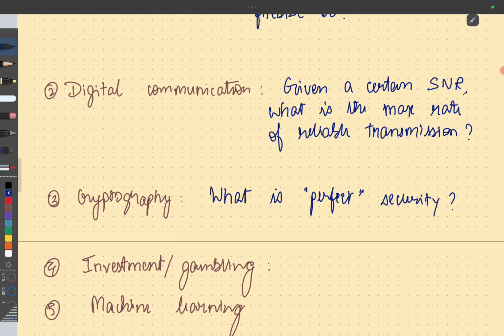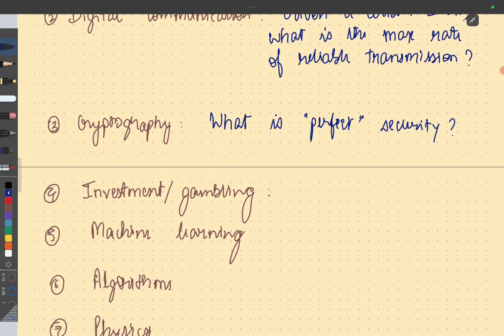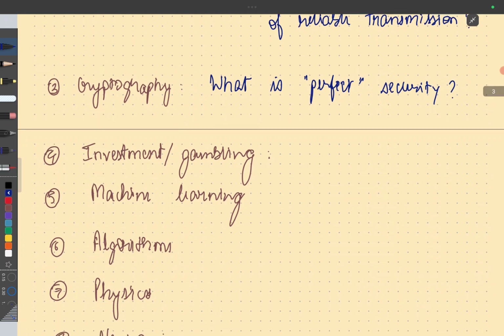And also in the algorithm, you are allowed to introduce some extra randomness when encrypting your file, for example. In investment or gambling, again, there is some uncertainty in what kind of payoffs you can get. In machine learning, once again, the randomness can either come from the algorithm, depending on what kind of a problem you're looking at, but also fundamentally in the source.